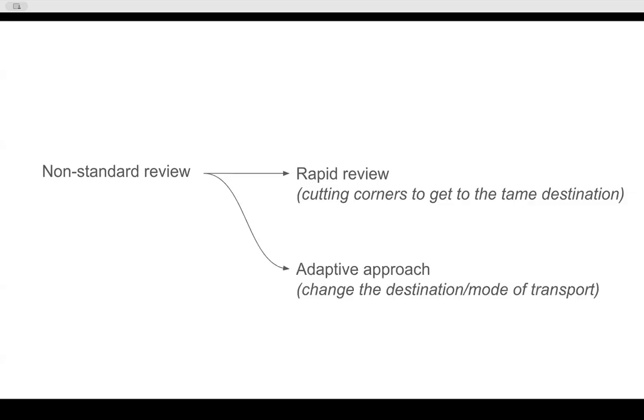Whereas what I think is the most interesting component of question formulation and developing the right methodology to answer that question is thinking about adapting the methods you use to do a systematic review, whatever type that is. And that is akin to changing the destination or changing the mode of transport.